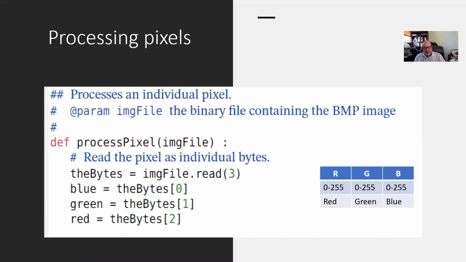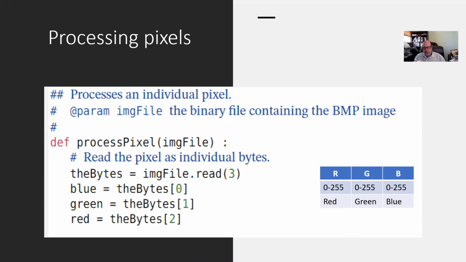If I want to process my pixel, first I have to read 3 bytes, because I'm going to read 3 bytes in 1 pixel. Remember RGB, of course, we're reading it backward. So the 0 is my blue, the 1 is my green, the 2 is my red. So backward of RGB.